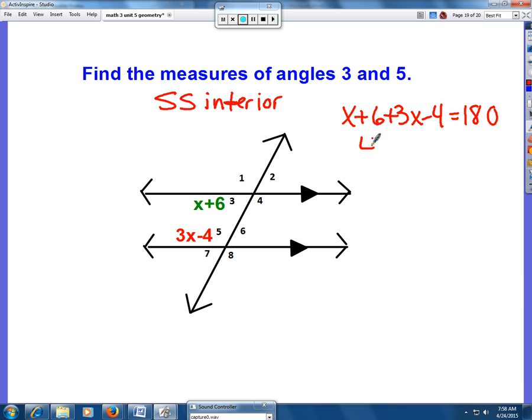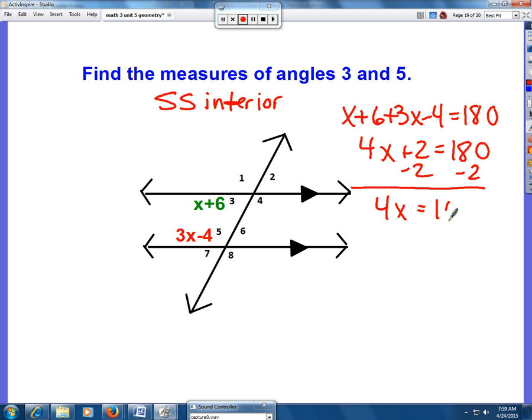X plus 3x is 4x. 6 minus 4 is 2. Subtract 2. I have 4x equals 168. Let's see, I think that's 42 when I divide by 4. So x is 42 degrees.